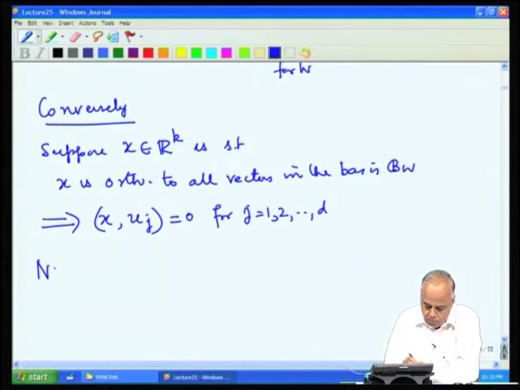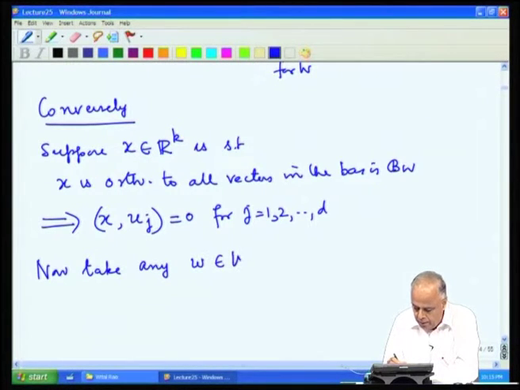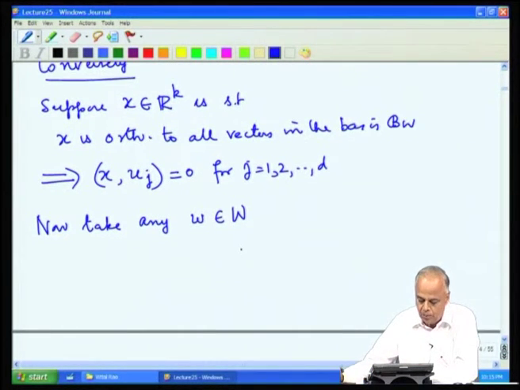Now, take any vector w in W. Since B_W is a basis, we can expand w in terms of the basis vectors.